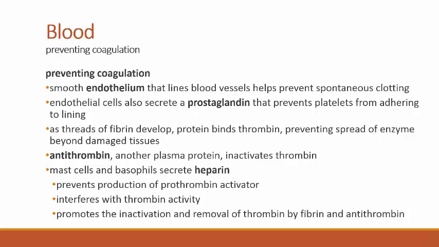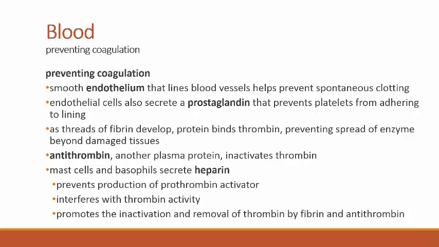So that's one of the anticoagulant properties of blood, is that there's antithrombin. Now, when coagulation is occurring locally, the production of thrombin is so great that there's not enough antithrombin to break it down. But out in other parts of the body, if some of that thrombin leaks away from the site, there is sufficient antithrombin to deactivate the thrombin.